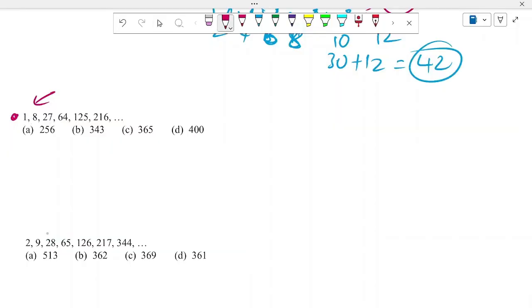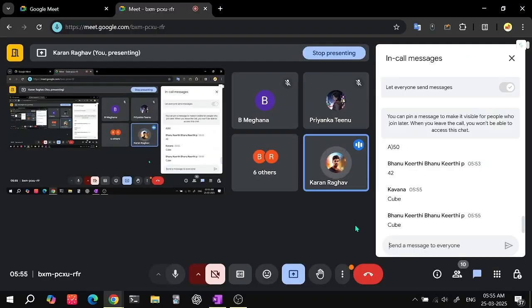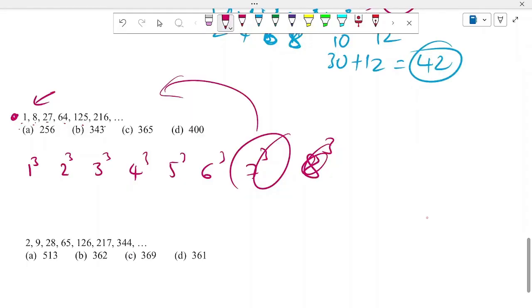You can see 1 is the cube of 1, then 2 cube, 3 cube, 4 cube, 5 cube, 6 cube, 7 cube. So the answer will be 8 cube. Now 0, 1, 2, 3, 4, 5, 6, so the answer will be 7 cube. What is the answer now? Just try to calculate and tell me the answer.